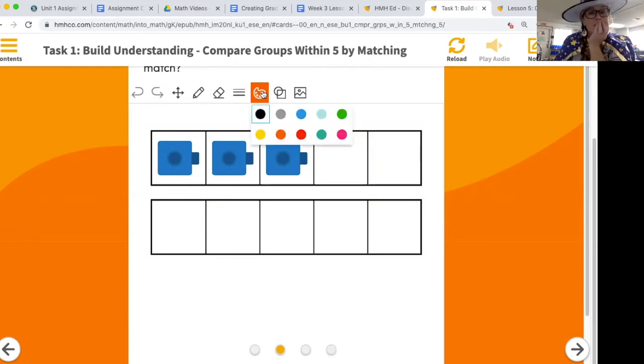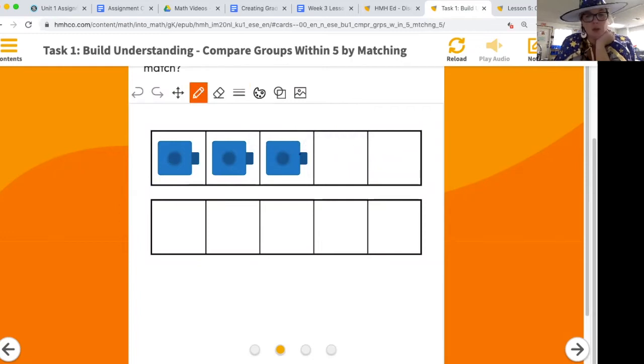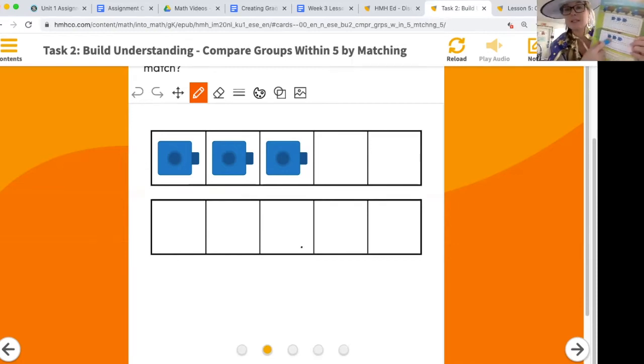What is the number? Right here? Let's count. 1, 2, 3. Now you have to do 1 greater than. Pause the video.